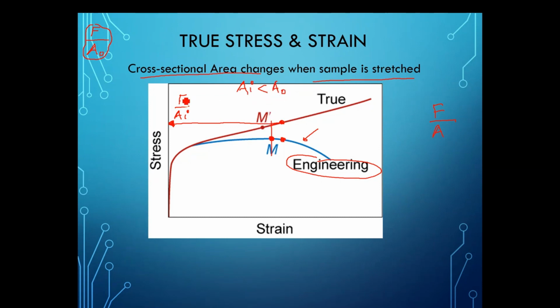Now, if I calculate the same stress using an area A naught, would it be greater or less than this stress value? Sir, it will be smaller, because the force remains the same. If I divide the force by a greater value of cross sectional area, which is the original area, I would essentially have a smaller value. Clear?